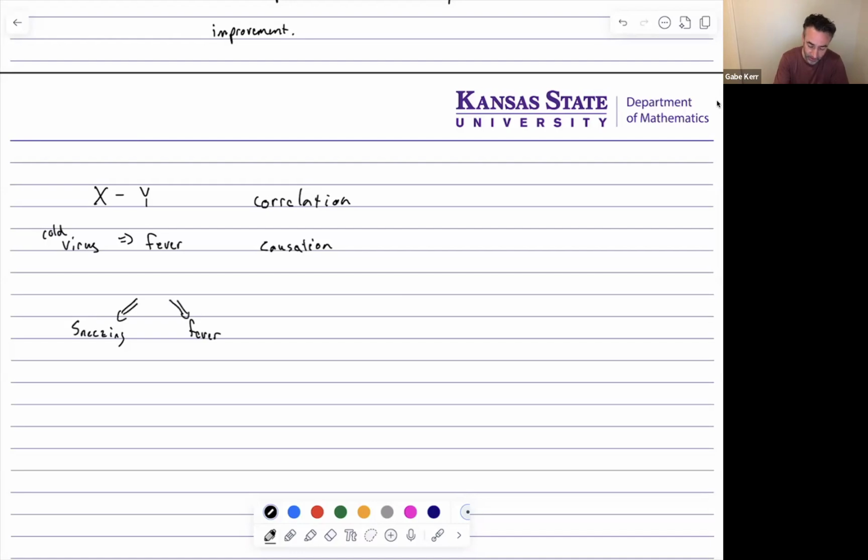So you could have some kind of cold virus that's causing both of these symptoms. And so you see a correlation between sneezing people and people with a fever. It's not a 100% correlation, but you see some correlation, and that's because there's some common cause happening. So this is this sort of C implies X and Y. This is an example of that.